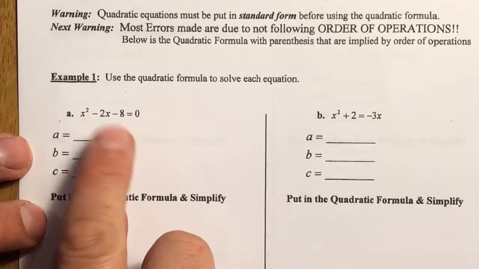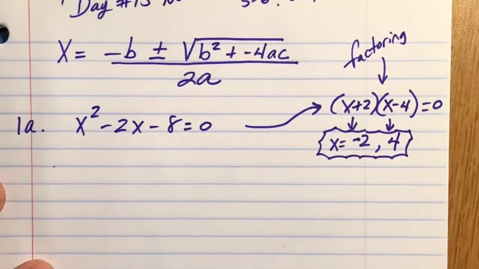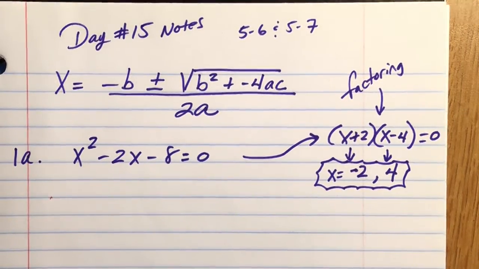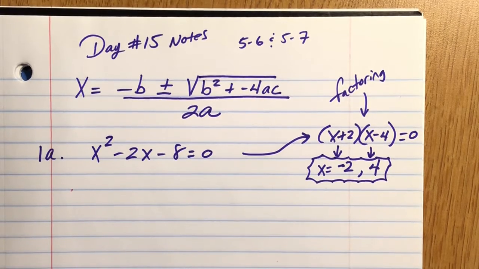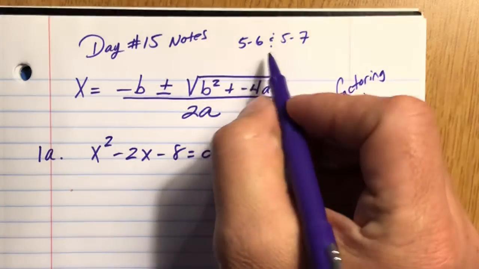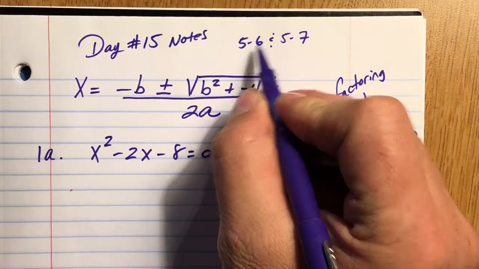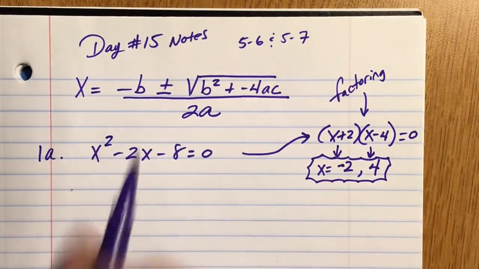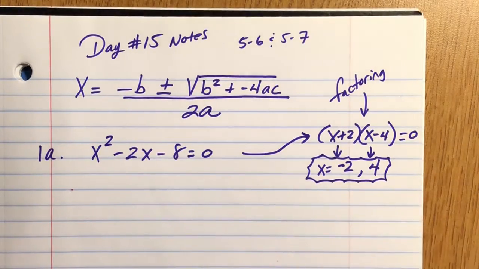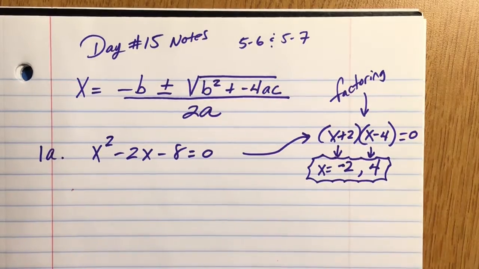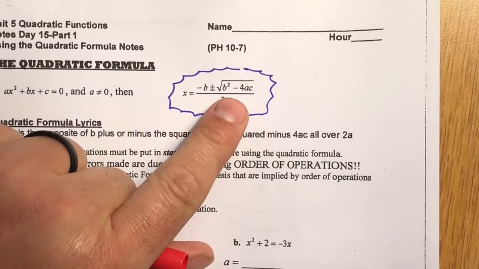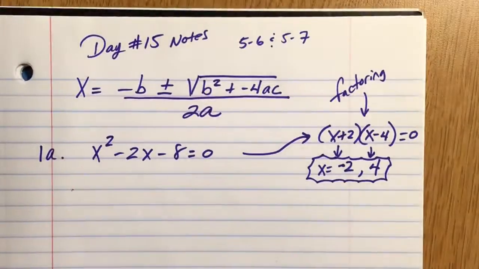Okay, so we're going to start here, but I'm going to use my notebook. All right, so look at day 15 notes. Again, 5-6 and 5-7, Wednesday and Thursday. Here it is. The only difference I make, if you notice in your notes here, it says minus 4ac.